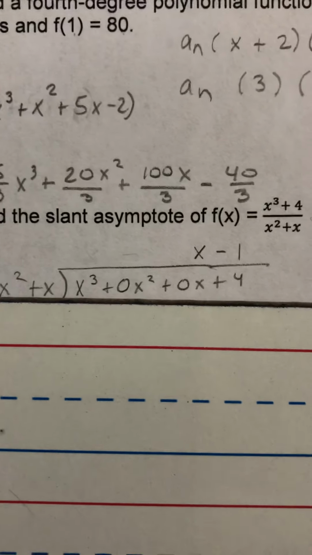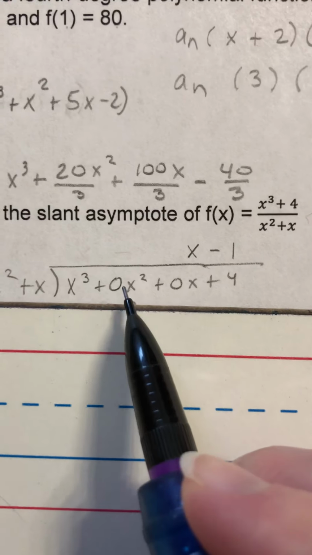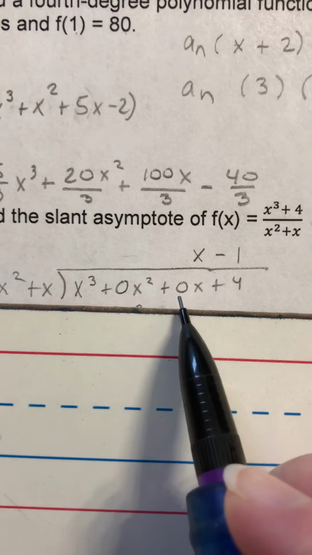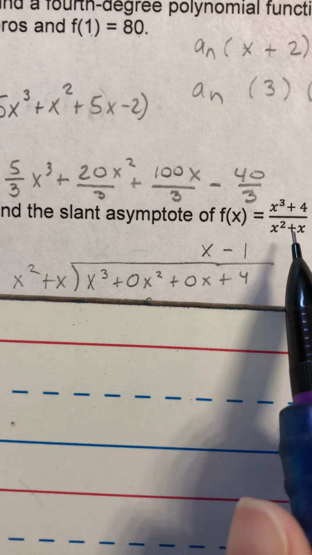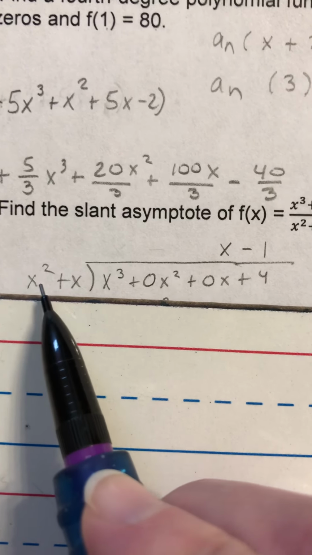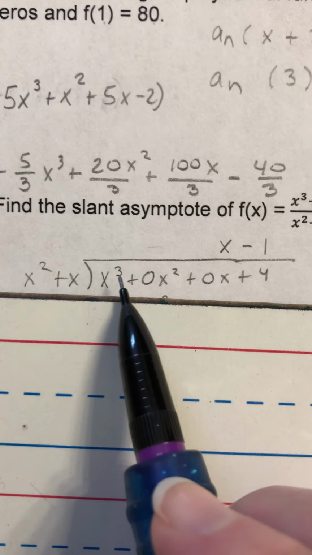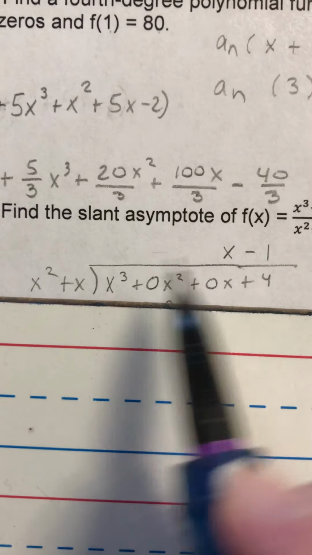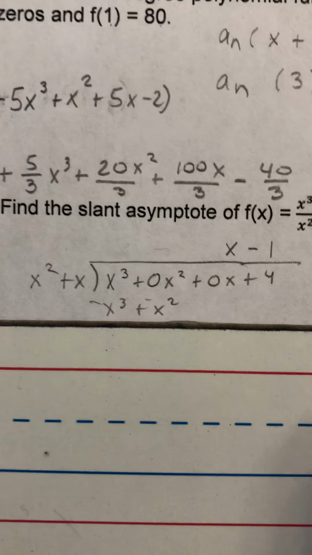So long division of polynomials, I'm going to fill in x to the third, but I have 0x squared, 0x plus 4. Then I'm going to divide by x squared plus x. So you ask yourself, how many times does x squared go into x to the third? So x times x squared would equal x to the third. So that's where I'm getting that x from.